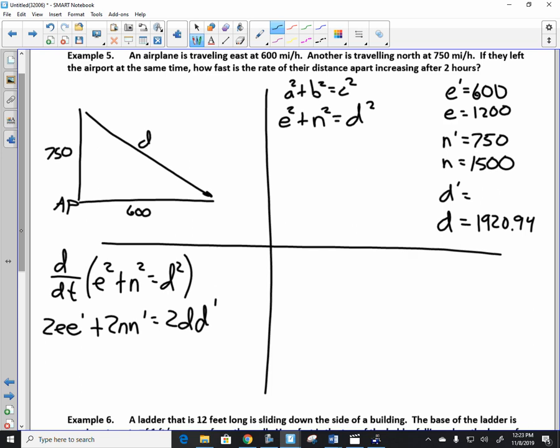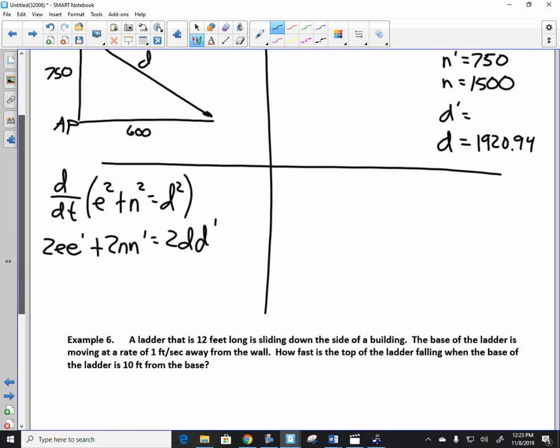Yeah, it is. It's kind of bulky here, but we got 2 times E is 1,200 times E prime is 600 plus 2 times 1,500 times 750 is equal to 2 times D prime.